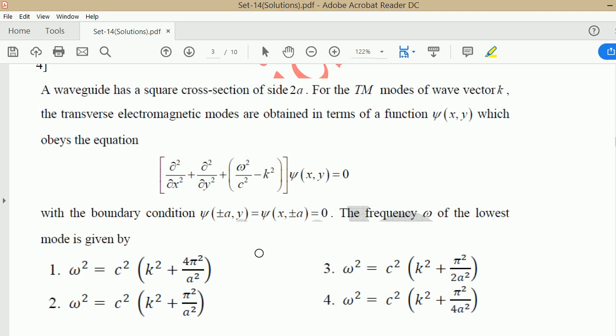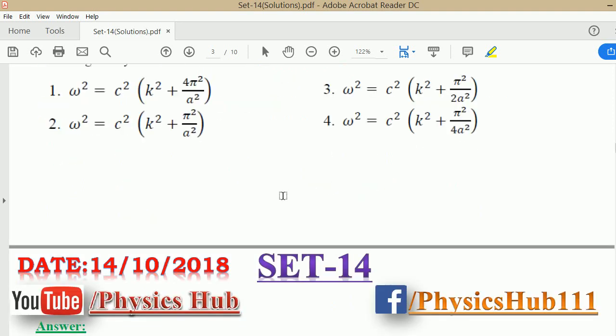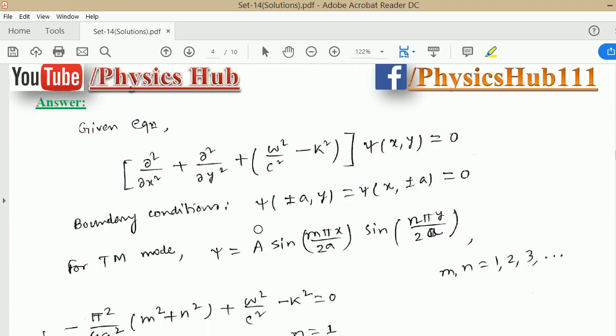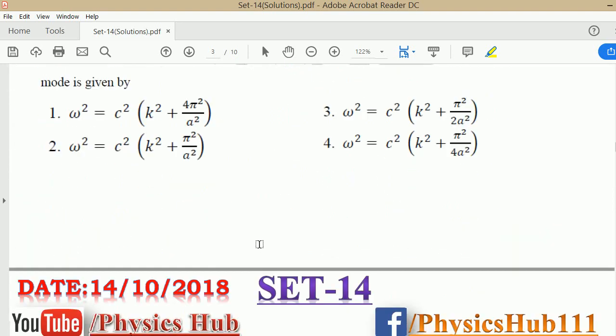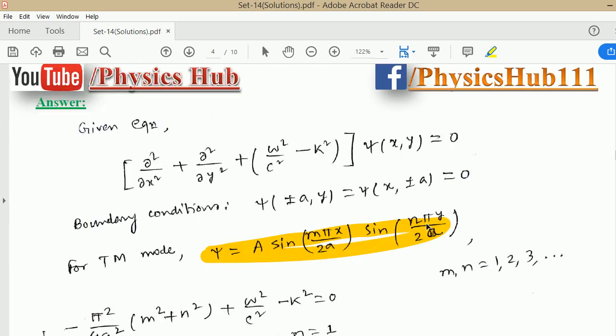So we know that for transverse magnetic mode, psi is given by this expression, A sine m pi x by a, where a is the length, but here the length is 2a, so it is replaced by 2a, into sine n pi y by a. Generally we place a as the length or size of this waveguide.